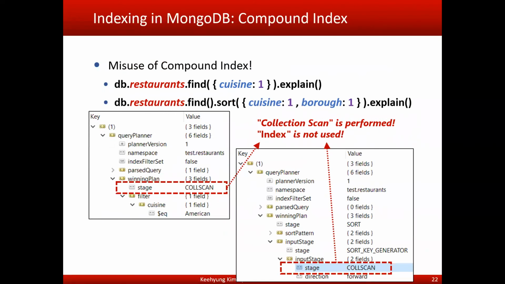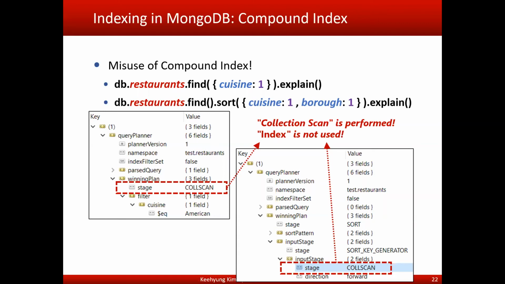So this is when your index will not be used. Again, the first hierarchy was borough, the second hierarchy was cuisine. If you make a query which utilizes cuisine only, it's not utilizing the index, because the first hierarchy is borough, so that should be used first in your query to make use of the index. In the second example, we are using cuisine and borough: cuisine is used first and borough next.